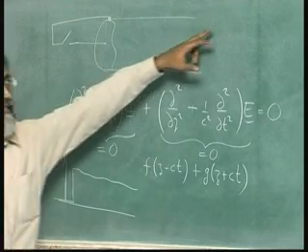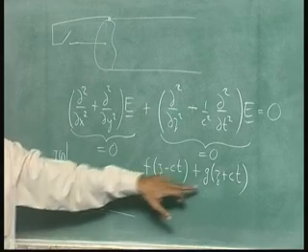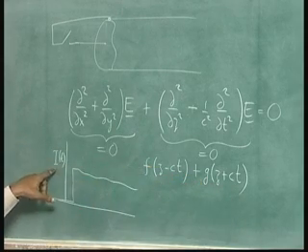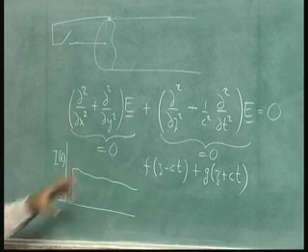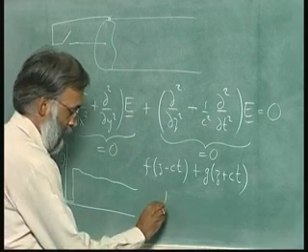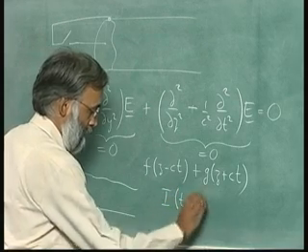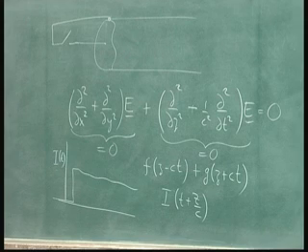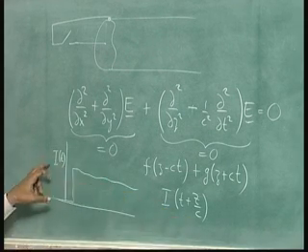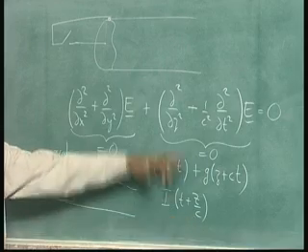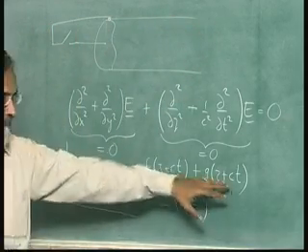Now what is received at the other end? This expression tells us what is received at the other end, because if I have a signal that looks like I of t, then what is received at the other end is I of t plus z over c, because the signal arrives later, naturally, at the destination than it left, and it must be of this form.